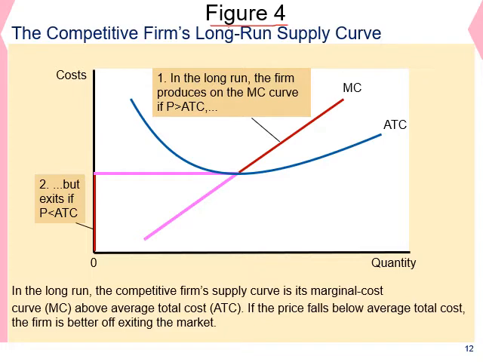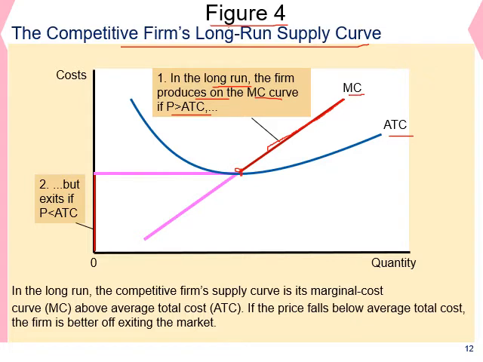Figure number 4 deals with the competitive firm's long run supply curve. So here you're comparing the marginal cost with the average total cost. In the long run, the firm produces on the marginal cost curve if price is greater than average total cost. So starting from here, price greater than average total cost, the firm will produce along this segment.